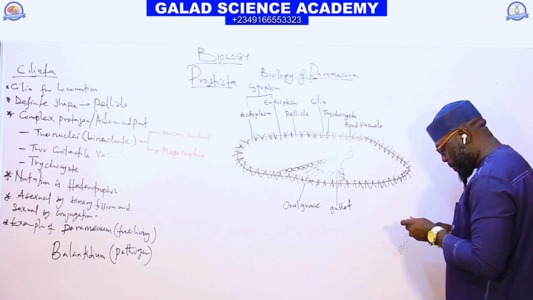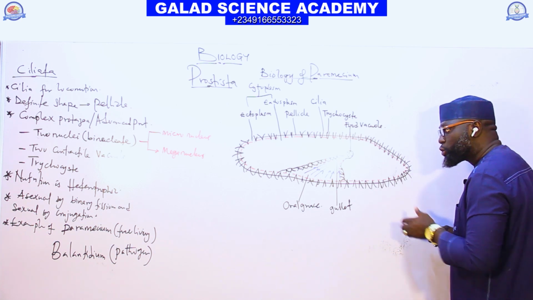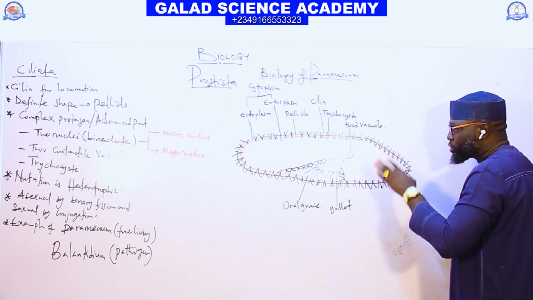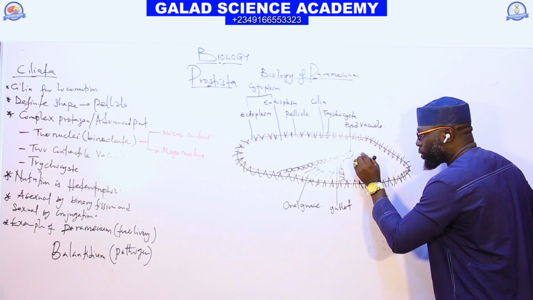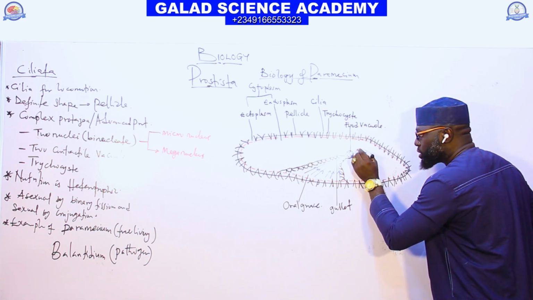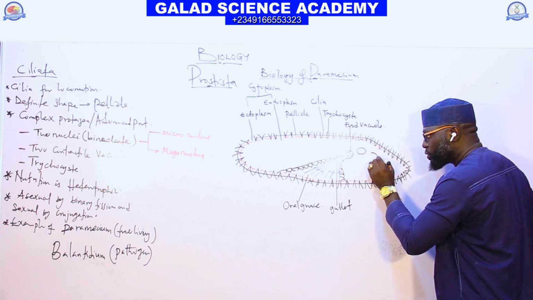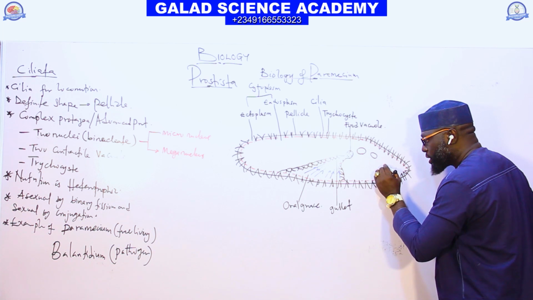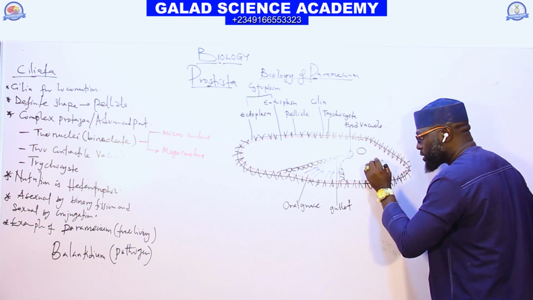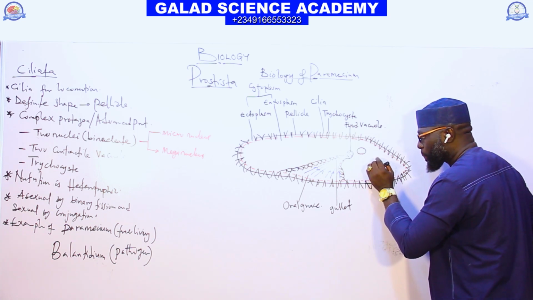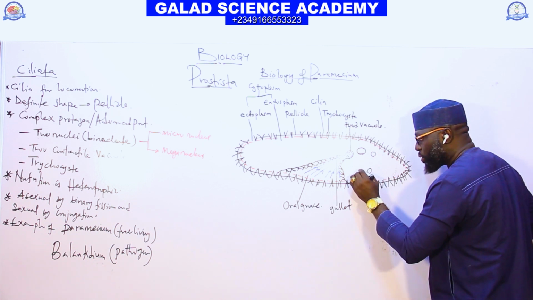And this food vacuole moves through the process of cytosis. This is a food vacuole, to secrete another food vacuole like this. This also is a food vacuole.